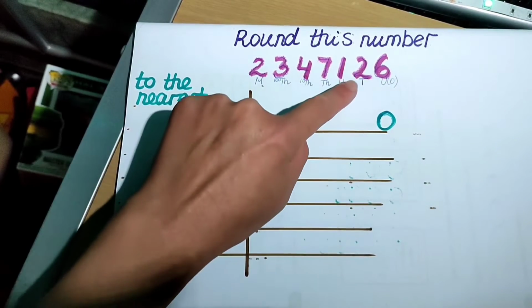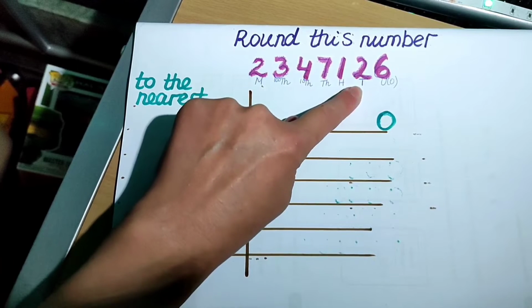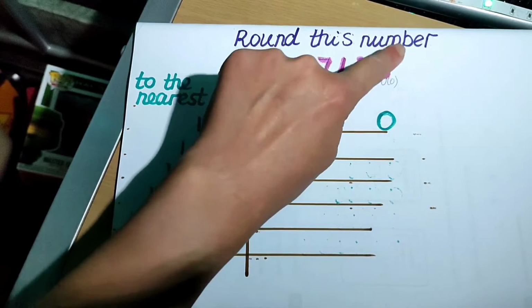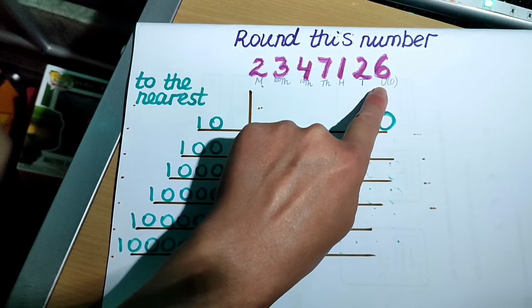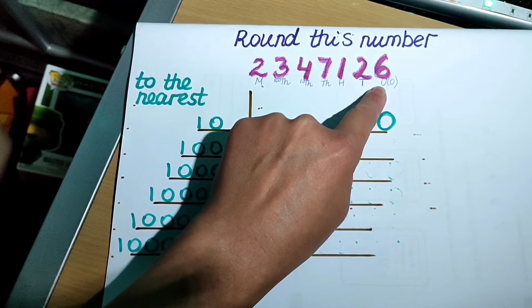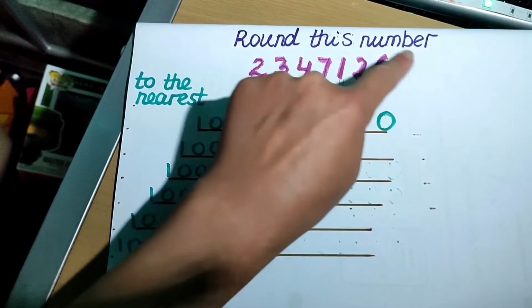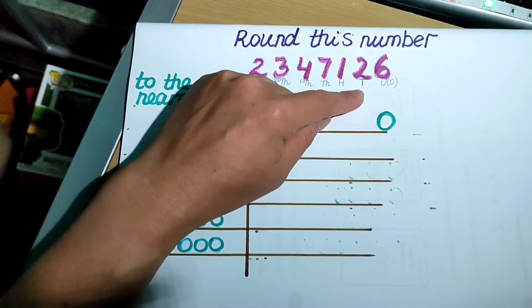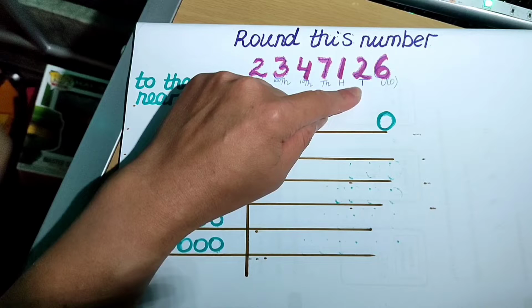Now, to determine whether our tenths stay the same or round up, we need to look at the number right next to the tenth, which is number 6. If the number is 5 and over, we're rounding up. If the number is lower than 5, it stays the same.